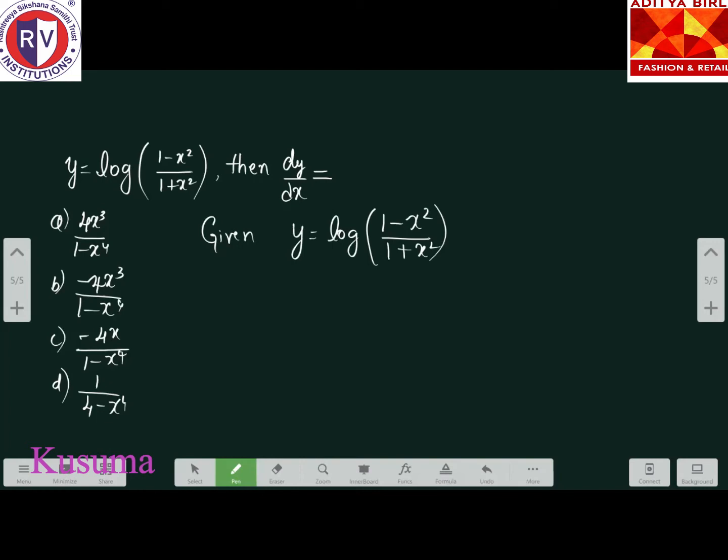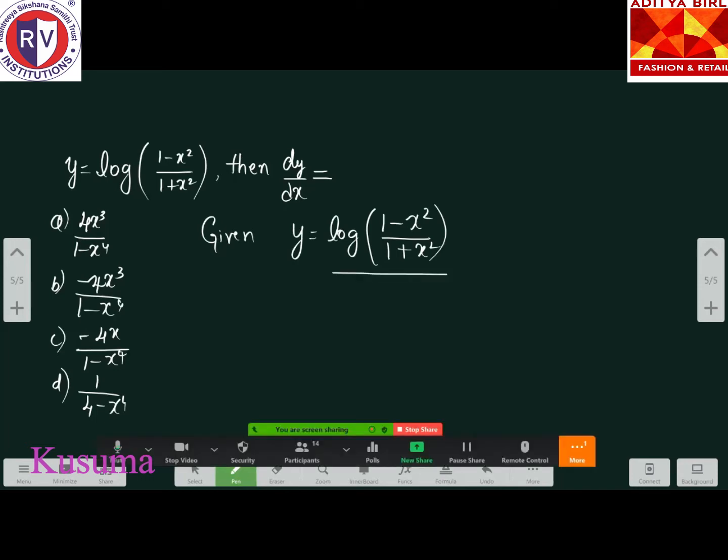So first you have to differentiate this entire thing, log of, taking this as some x. We will consider this as complete x, and we know that differentiation of log x is 1 by x. Then we have to further differentiate the term that is in the denominator, right? So here you have to differentiate this entire term.